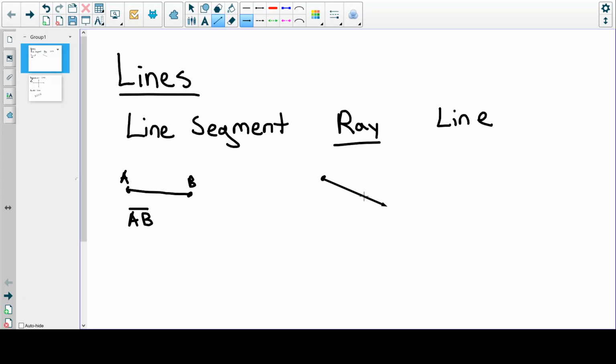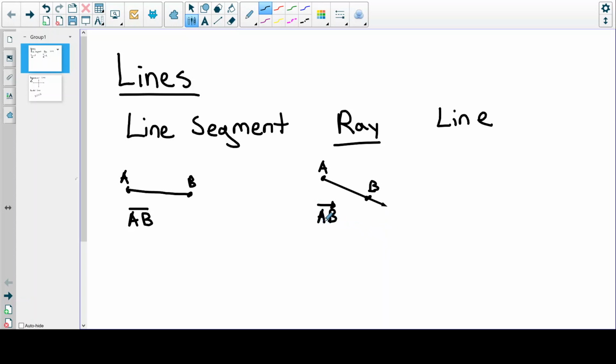It doesn't end in that direction, it never stops. Usually you can label the start A, and there's really no ending point. But sometimes you'll see points on the line labeled B, and that's how you do the notation: A, B, with one infinite arrow. Usually the arrows indicate infinity or infinite direction.